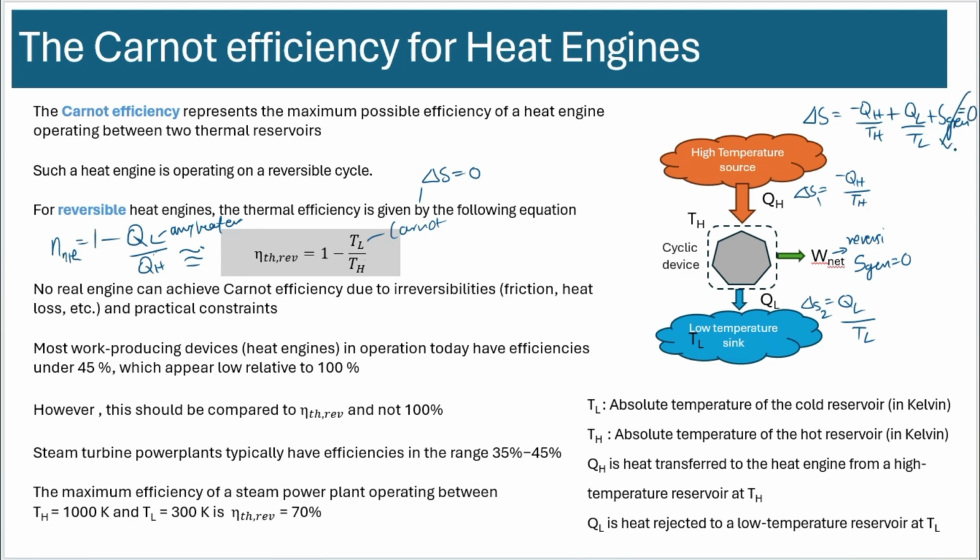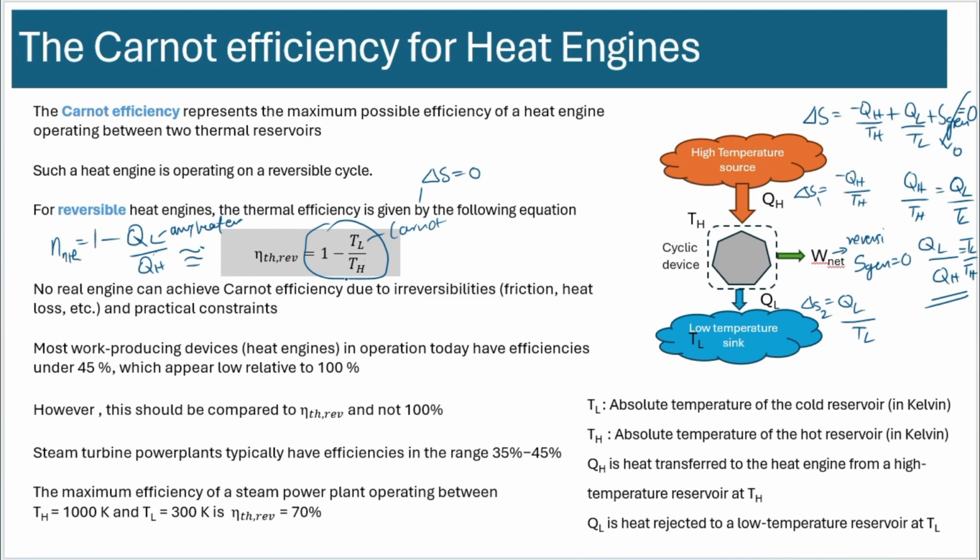So this gives us that QH over TH is the same as QL over TL. This basically means QL over QH is TL over TH for Carnot. So this is how we get this equation.